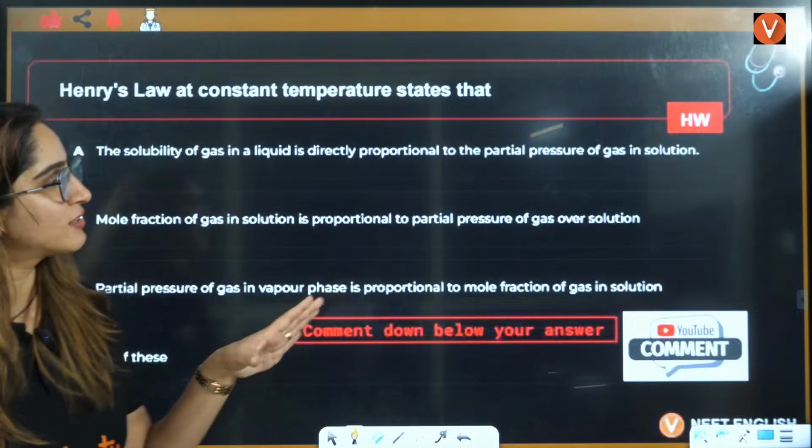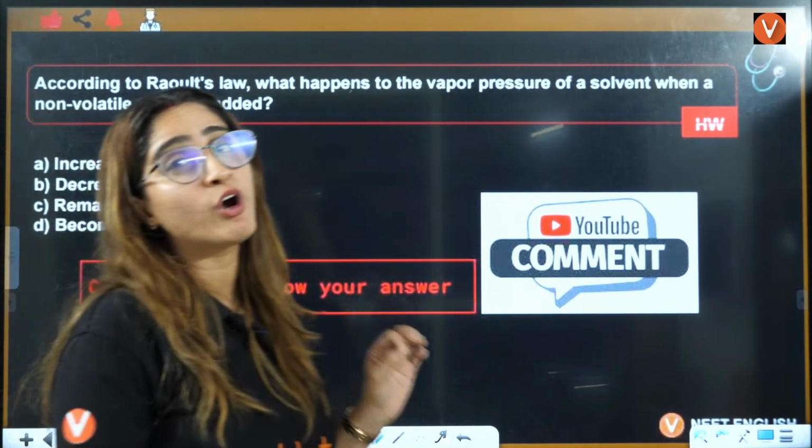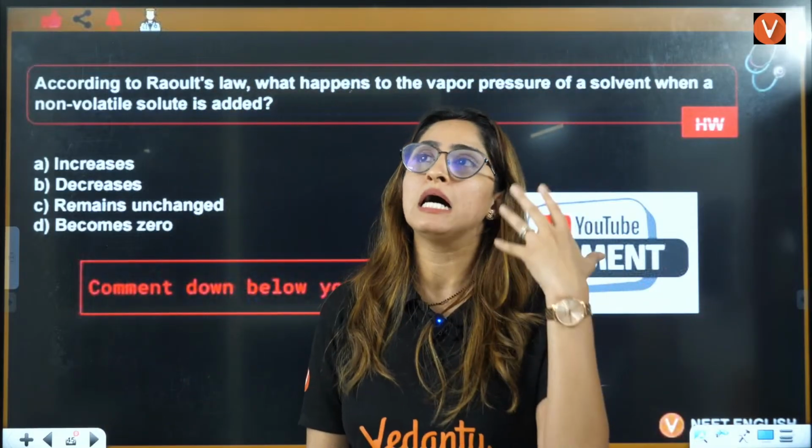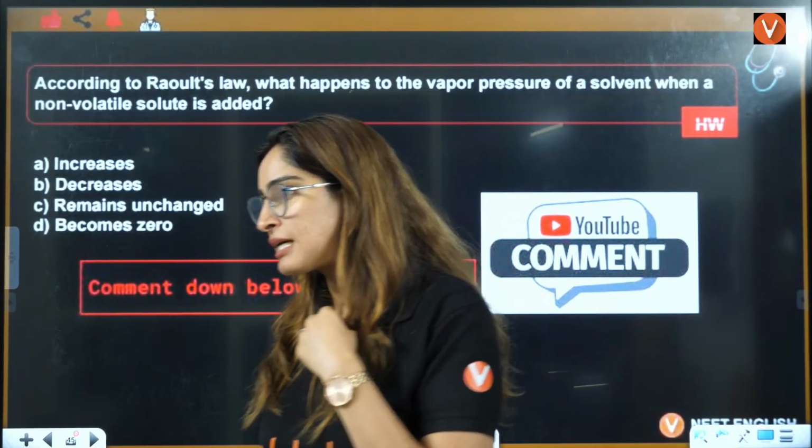You can take a screenshot of these questions, and I'll see how many of you are actually dedicated to solve the question by yourself and give me the answer in the comment section, right?